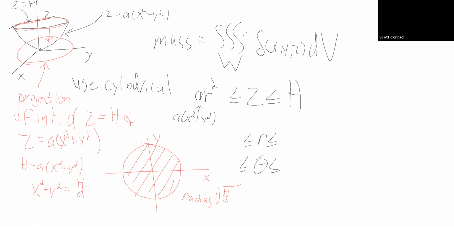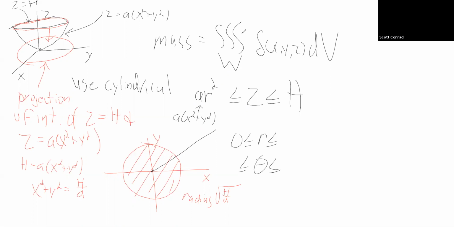So what are our bounds for r and theta? Well, for r, we do what we always do. Take a line starting at the origin through your region. The closest we get to the origin is the origin itself, so r is bounded below by 0.